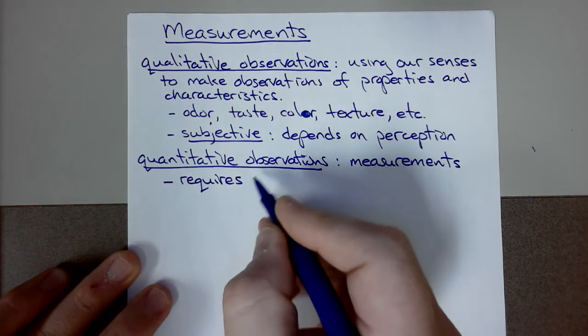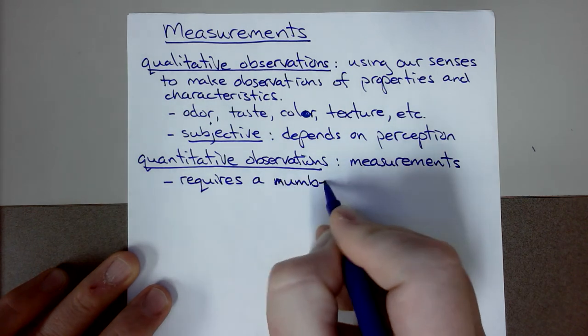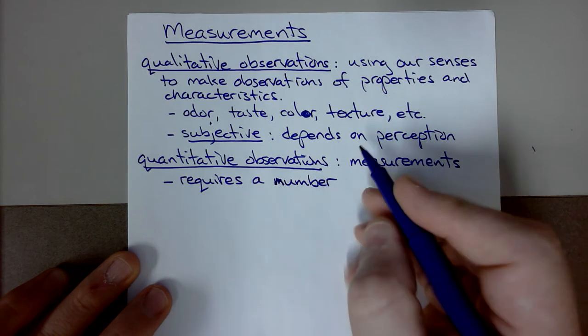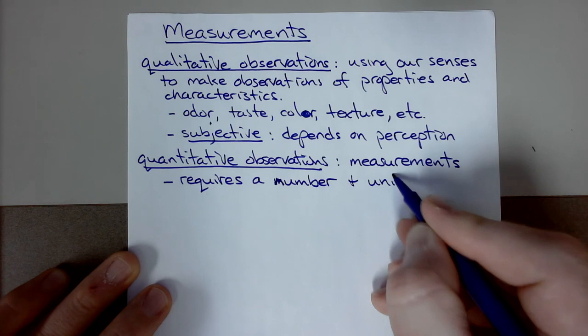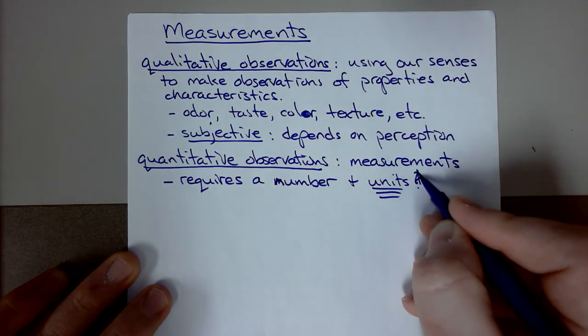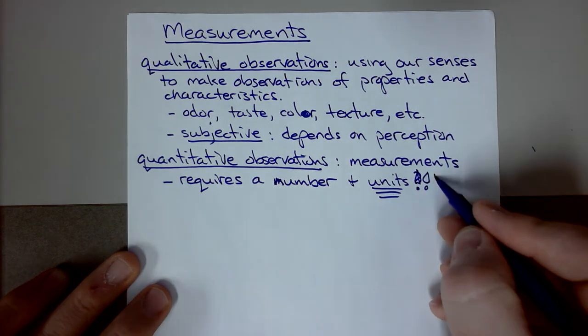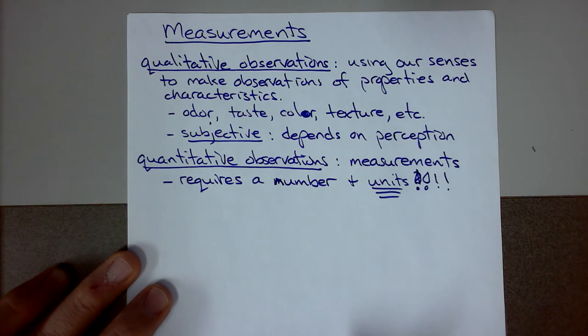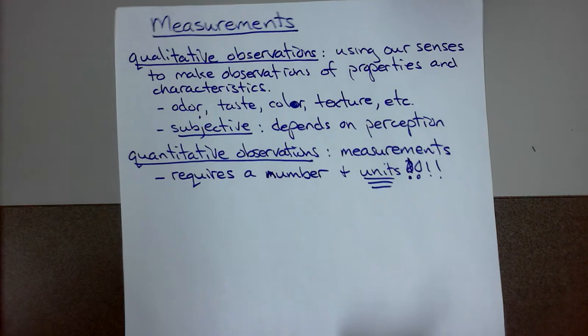Units are extremely important because if I just give you a number like 12, you don't know what I mean by 12. But if I say 12 centimeters, then you understand what that unit is. So units are critical. I meant to draw an exclamation mark, sorry. So they're very, very critical. Anytime you have to turn something in to me, if you do not include a unit with a number, you will not get credit for that work.